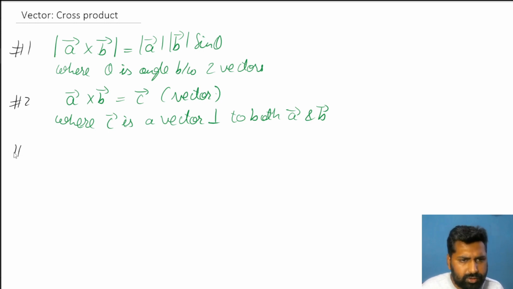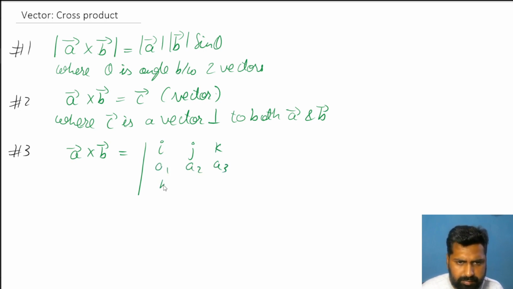Next is, how do we actually calculate the vector then? Okay. We calculated the magnitude, but we didn't calculate its exact vector. So A cross B is given by the determinant of i, j, k, A1, A2, A3, B1, B2, B3. Okay.